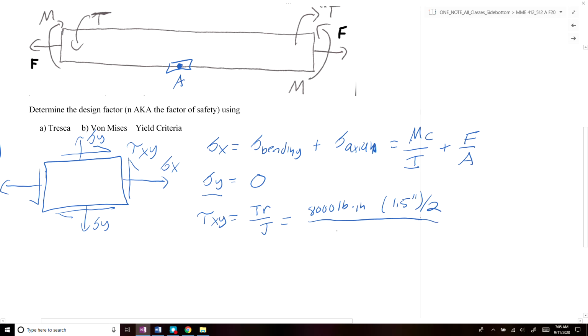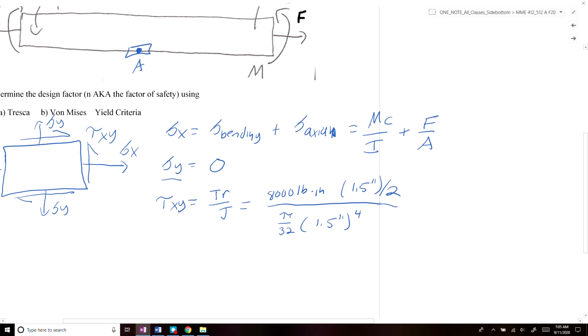And the polar moment of inertia would be equal to pi over 32 times the diameter of 1.5 inches to the fourth. If we multiply all that out, we end up getting 12.1 kpsi.